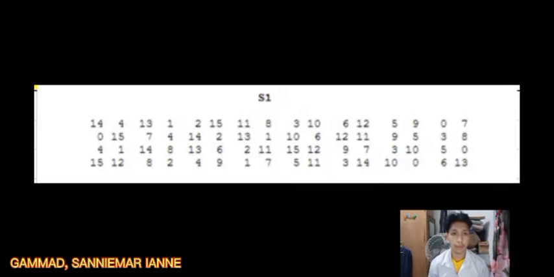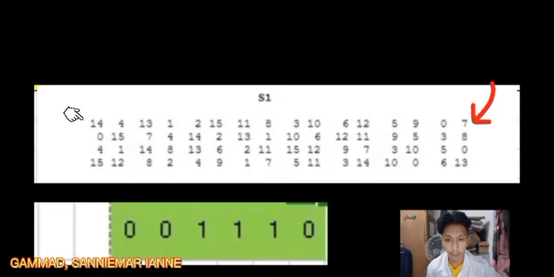So next, we'll be using the 15 in this chart. We'll be starting at 0, 1, 2, 3, 4, 5, 6, 7, 8, 9, 10, 11, 12, 13, 14, 15. Then we get 7. So the binary of 7 is 0111. So that's how you get the substitute.